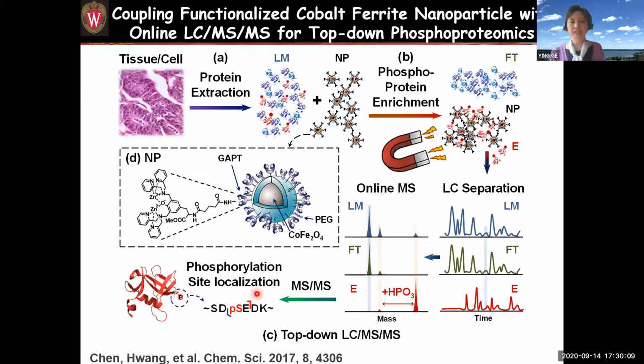So our first success has been the generation of these functionalized cobalt ferrite nanoparticles with online LC-MS for top-down phosphoproteomics. So these iron oxide and also these newly developed cobalt ferrite nanoparticles can enrich, bind to the phosphoproteins strongly, and then we can elute and do LC-MS.